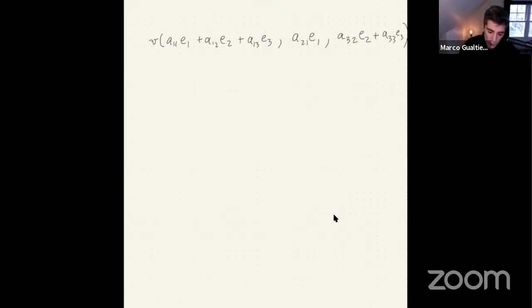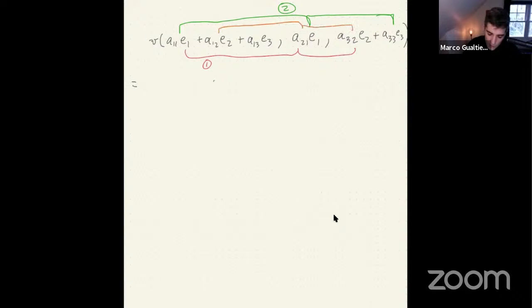When I expand this out using these sums, I'm going to get this first term, the second term is going to be like this, and the third term like this, and so on.